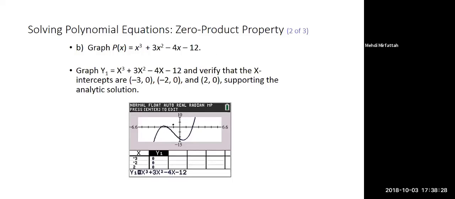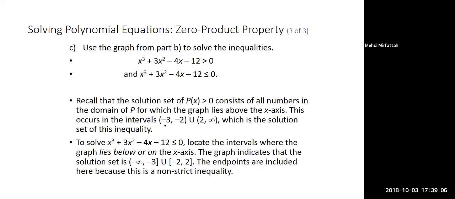From minus 3 to minus 2, you see your graph is positive, above 0, and to the right of 2, your graph is also positive. Your graph is negative in between negative 2 and 2, and also from negative infinity to negative 3. So by looking at this, you can see which side is positive or negative.